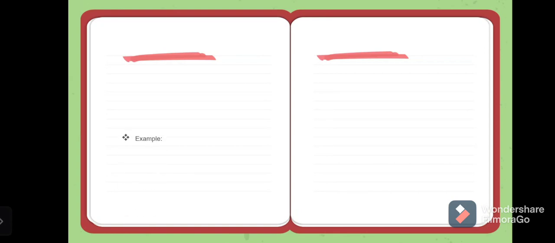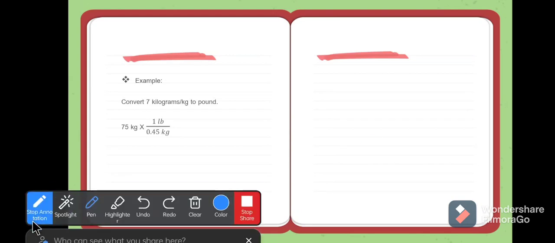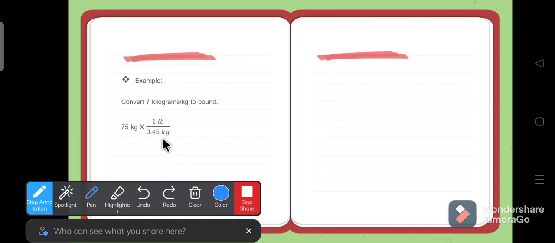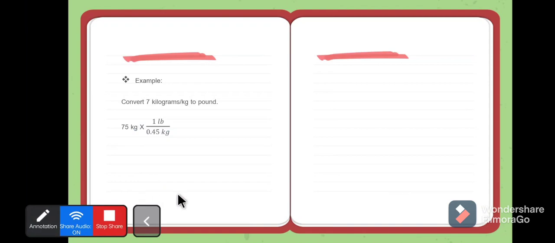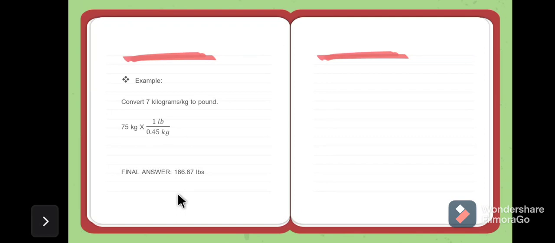Here are the examples. Convert 75 kilograms to pounds. We can write it as 75 kilograms times 1 pound divided by 0.45 kilograms. Cancel out the kilograms. And the final answer is 166.67 pounds.